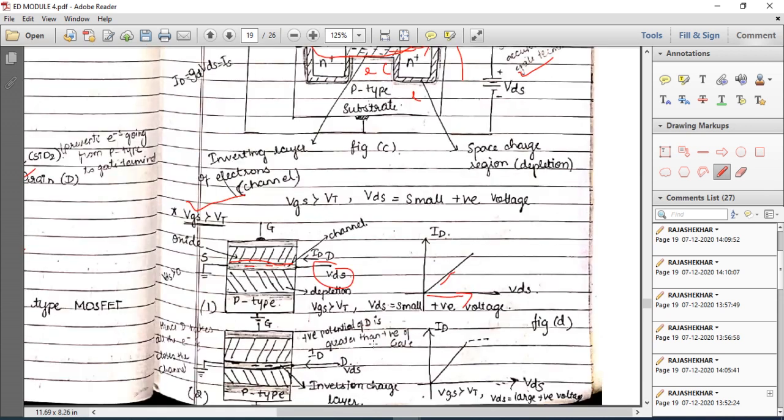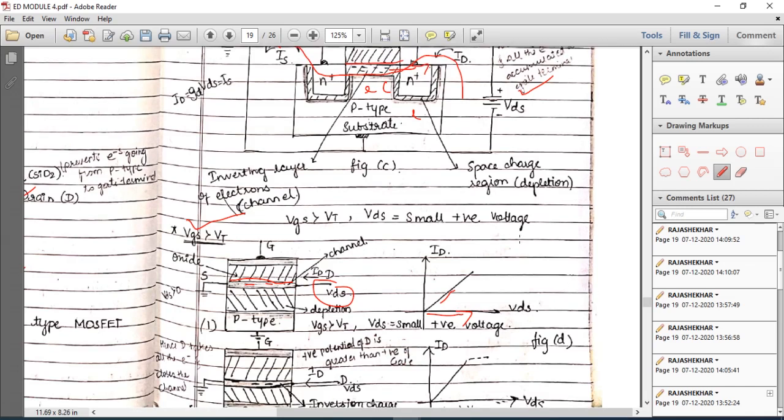When it comes to the second stage, I will keep VGS as it is, greater than the threshold voltage, but now I will increase VDS. If I go on increasing the VDS, as shown here, this is the channel. The depletion layer between the P-type and N-type starts moving towards the channel and starts closing the channel, which is shown here.